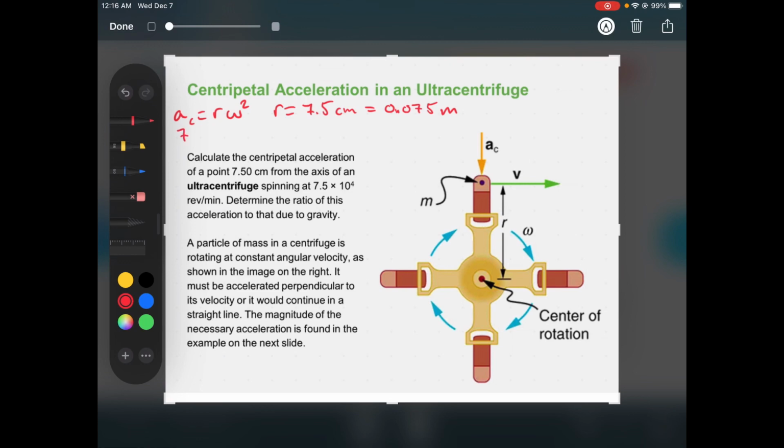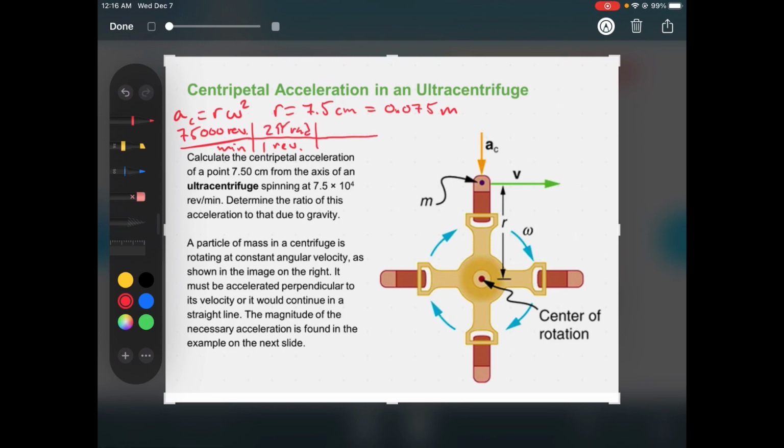So 7.5 times 10 to the fourth would be 75,000 revolutions per minute. Now, we know that in one revolution there's 2 pi radians.